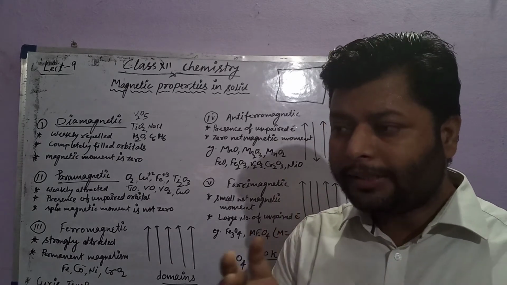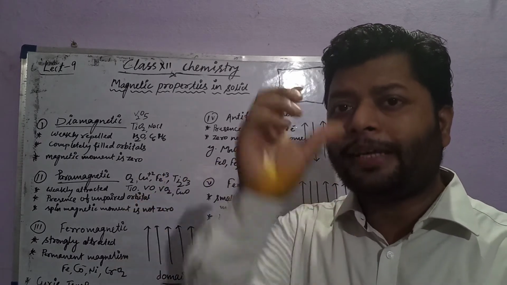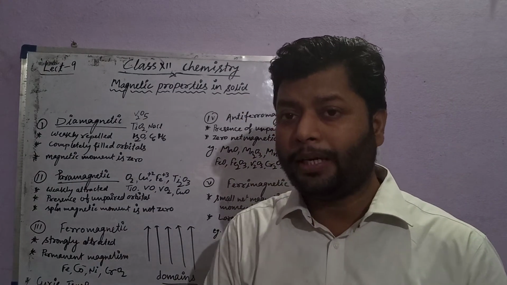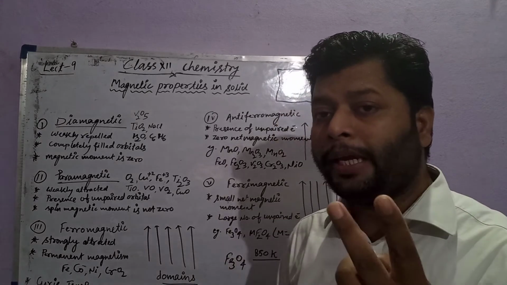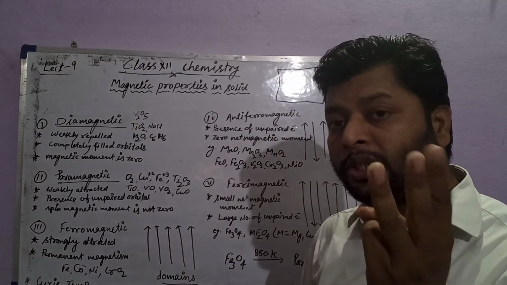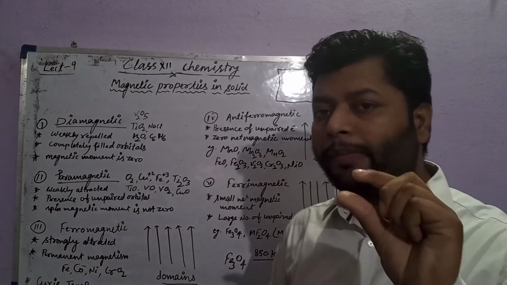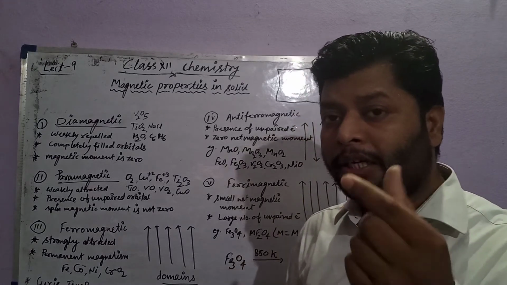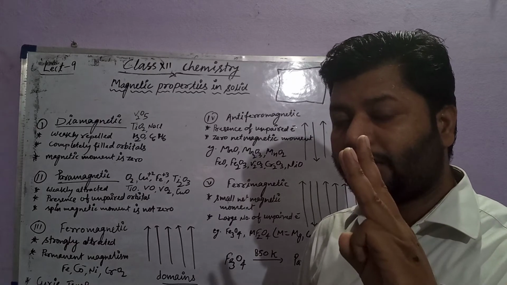But when a substance is brought into a magnetic field, the domains may be ordered in three different ways.